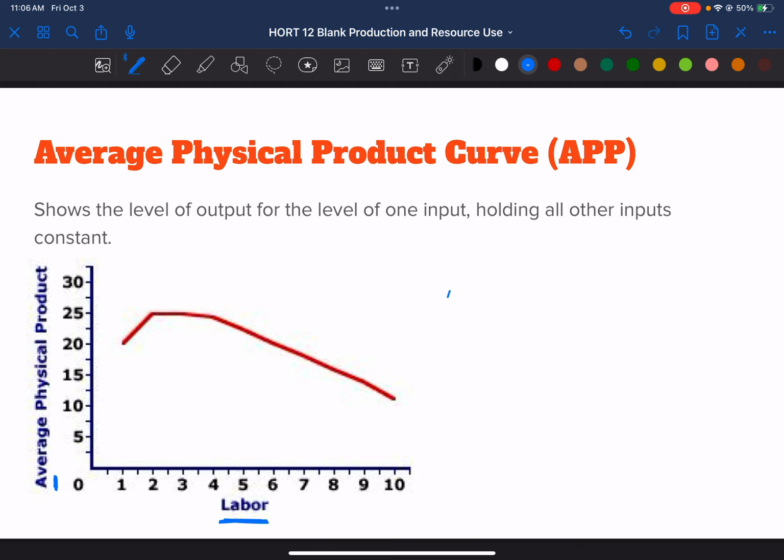So our APP is represented as the output. So our total output, we'll just put total here to remind us, divided by our total input. And that gives us the amount of output per unit of input.